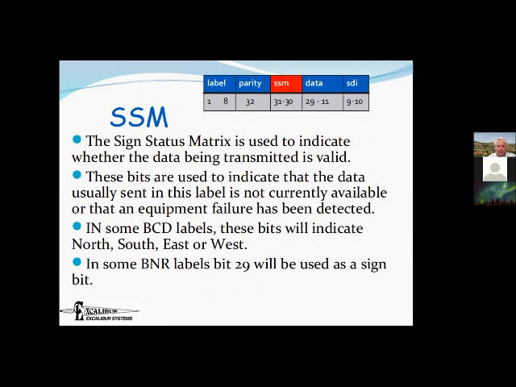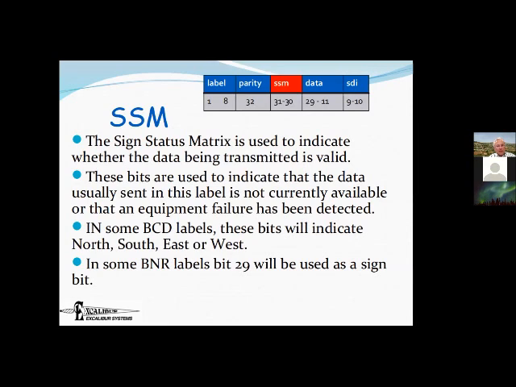Think of the altimeter as being 2 parts. There's the part that knows how to measure altitude, and then there's the part that transmits data. And these 2 parts are connected to each other, but they're not the same thing. So the part that's transmitting the data is waiting for the part that measures altitude to tell it something, and what if it didn't? So then it can send another value in the SSM to say, look, the last data you have is the best I can do. I'm not sending you anything new.